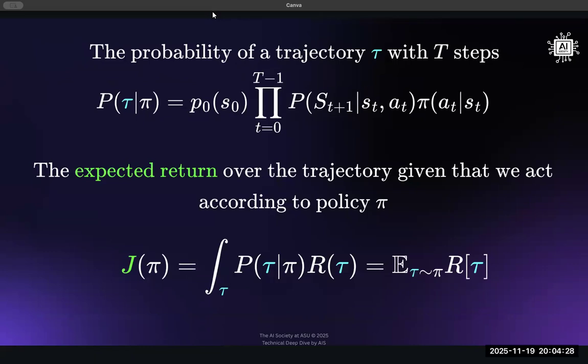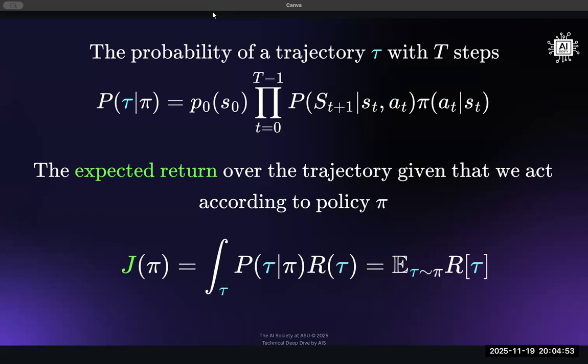But just a little glimpse of policy optimization. The probability of trajectory tau, a trajectory in an episode with T steps, can just be conditioned on our current policy. So it's just saying, following our policy, what is the probability of getting this trajectory of states and actions and rewards? And then we're always going to start in some initial distribution, p sub 0, in some initial state, s sub 0.